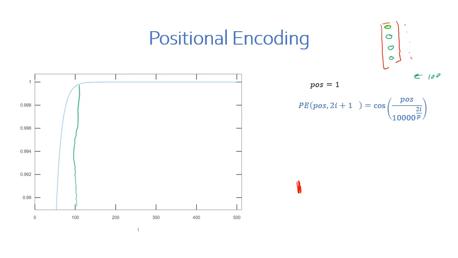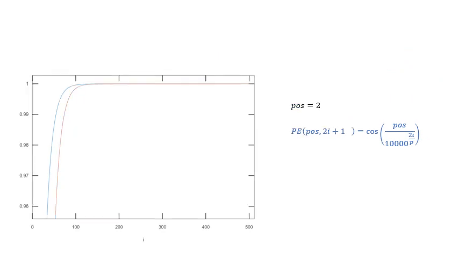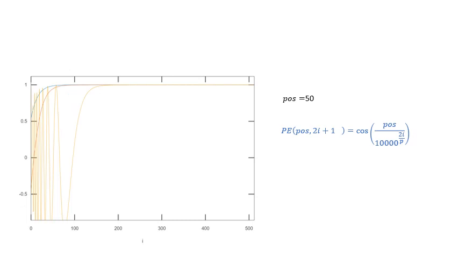And this is what we have in 200. So in this case, for example, you see after 100, we have a constant value of 1. And this is in position 2, and this is in position 50. You can see that the last part of the vector is all 1.